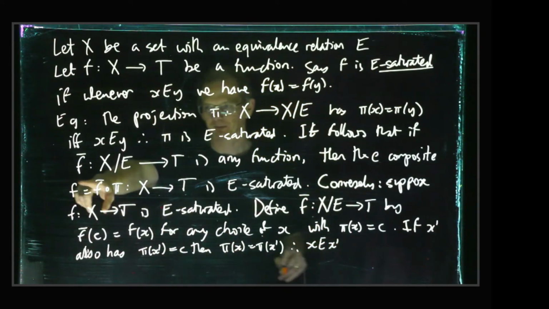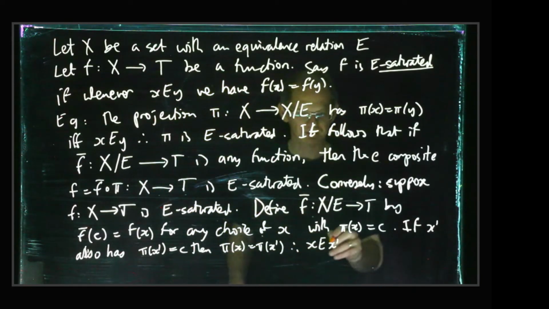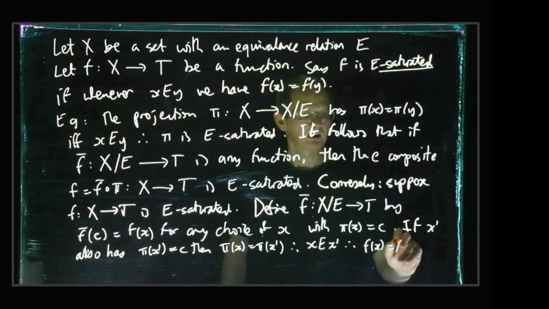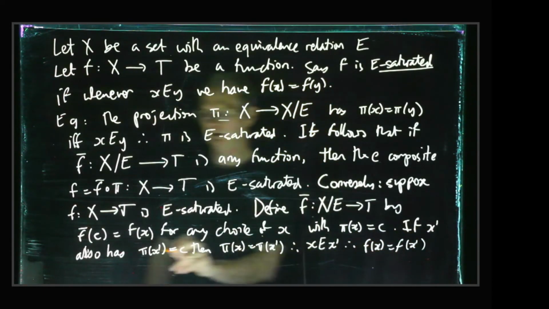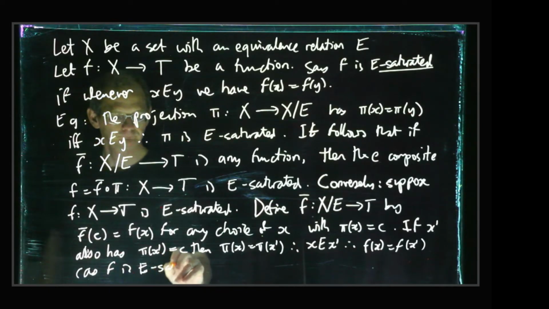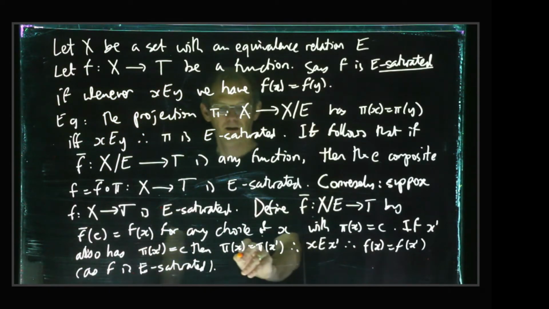That was the key property of this pi, that pi x equals pi x prime if and only if x is related to x prime. And that means that f x is f x prime. That's because f is E saturated. So f bar is well defined.